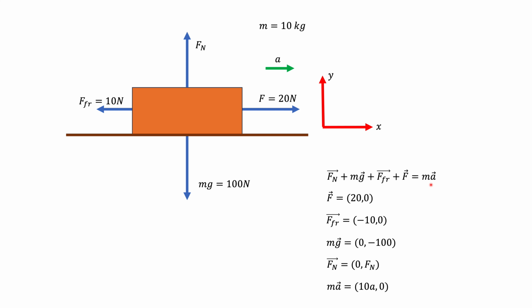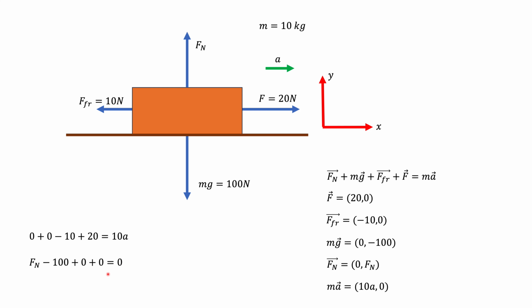So for x components, we see that Fn has 0, mg has 0, F friction has minus 10, F has 20, and ma has 10a. For y components, we see that Fn has Fn value, mg has minus 100, friction and F force have 0, and ma is also 0.